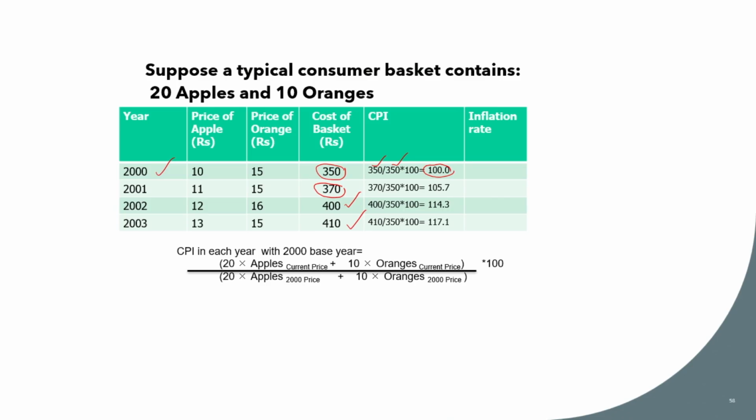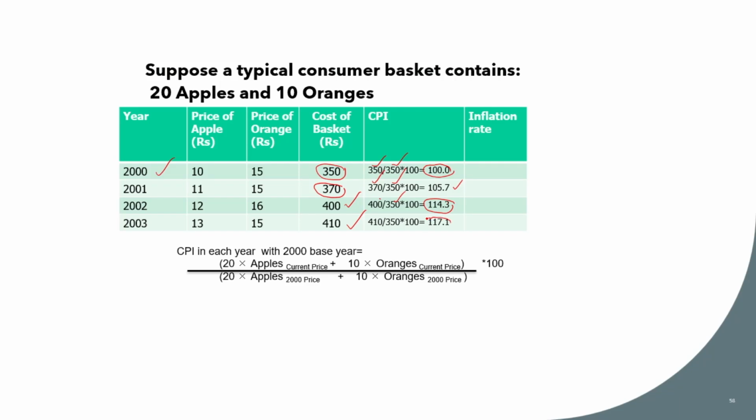In the subsequent year, the cost of the basket in 2001 divided by the cost of the basket in 2000, you are going to get 105.7. The cost of the basket in 2002 is 400, and the cost of the basket in 2000 is 350, so you get the CPI for 2002.